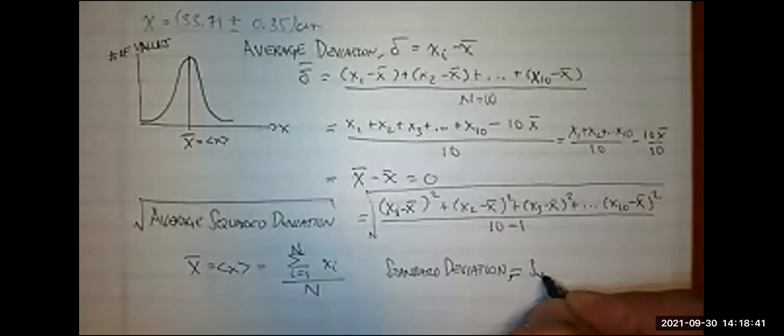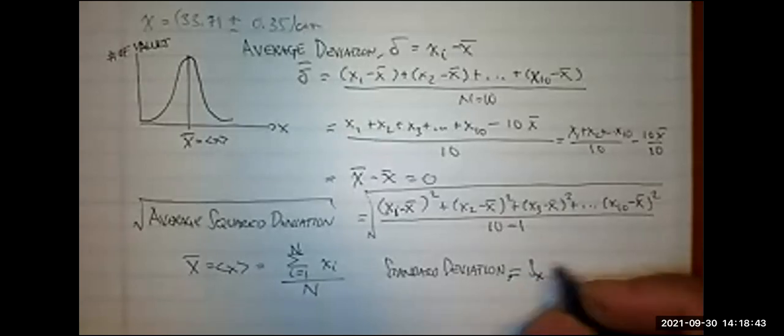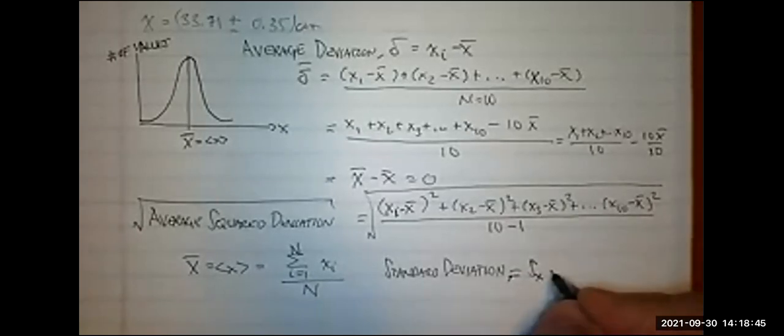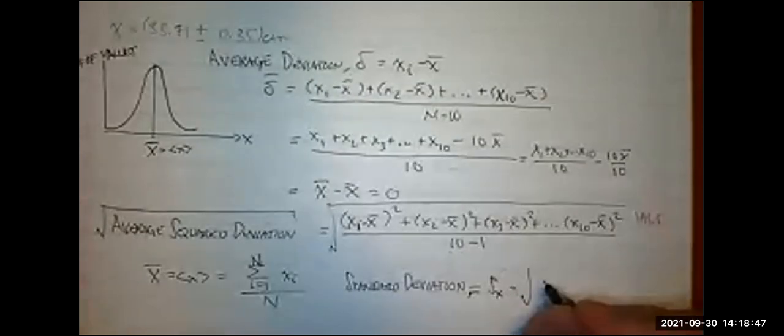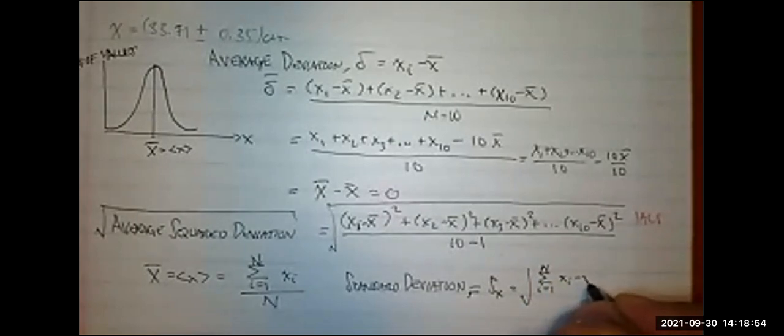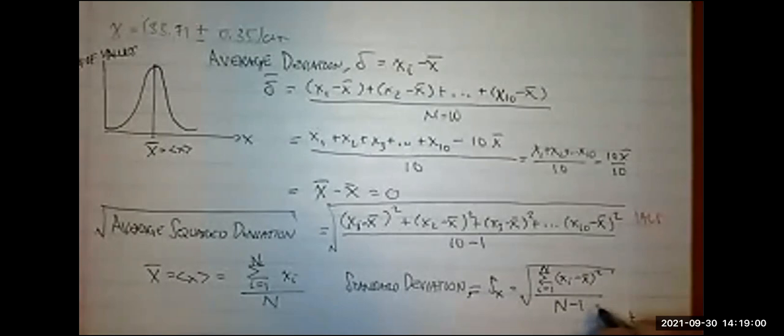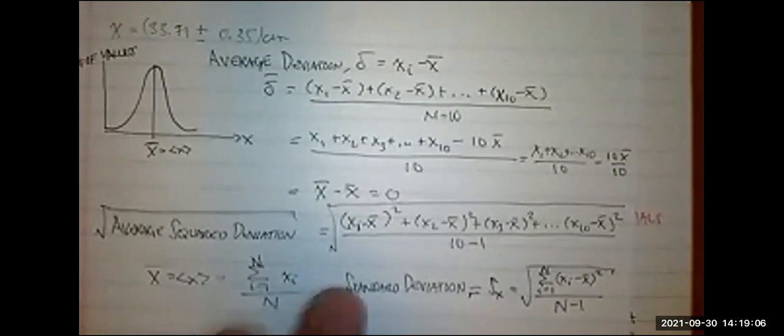That's going to be s sub x, meaning the standard deviation of x. And with that one, we're going to take a square root of the summation from i equals 1 to n of x sub i minus x bar squared, and divide it not by n, but by n minus 1. And when I do that, that gives me something that's really statistically valid, even for small groups.